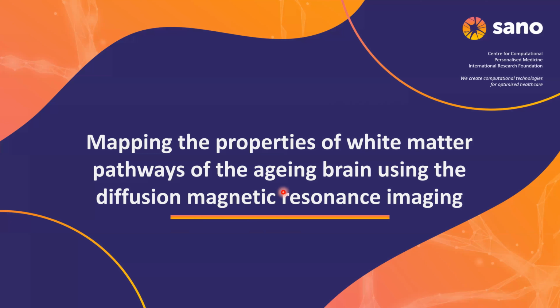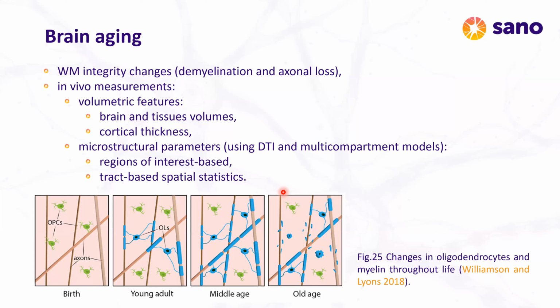In my second study, I used tractography algorithms to map the main trajectories of white matter pathways and to analyze the variability of microstructural parameters along them over the years. The natural processes of brain maturation and aging are associated with numerous changes occurring in the brain structure.